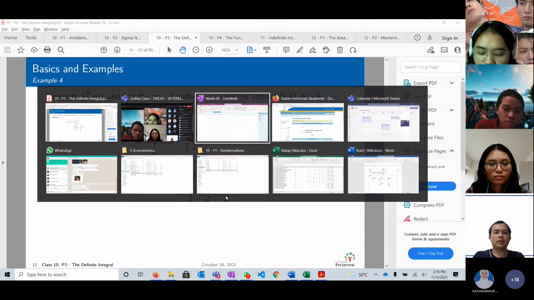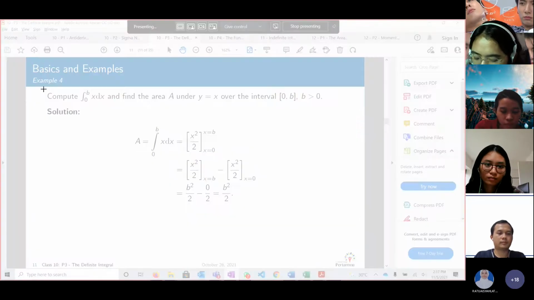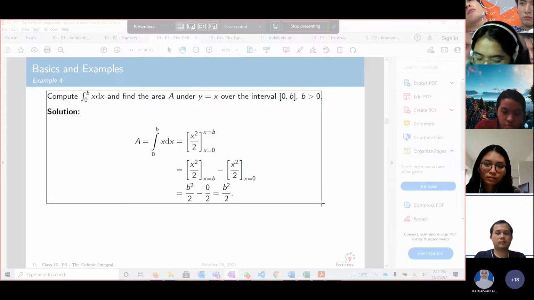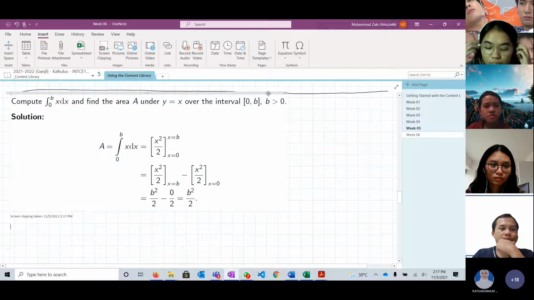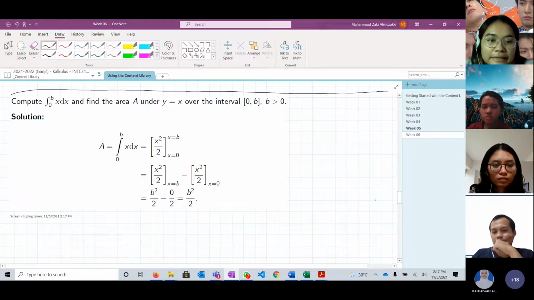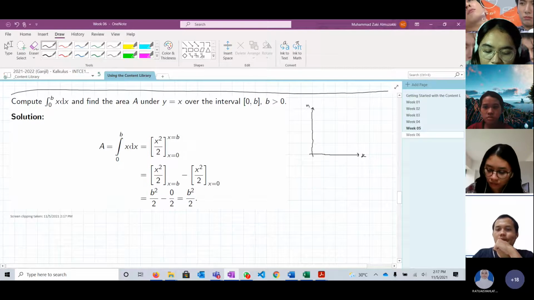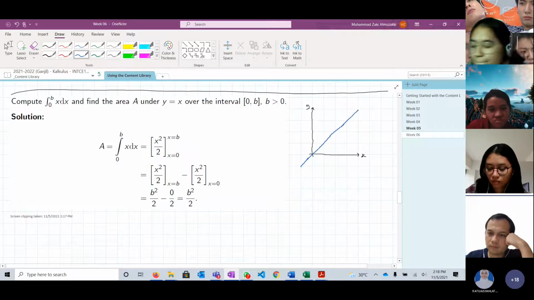For this example, I want to give another illustration. If we draw the equation on x and y axes, the equation y equals x is basically this line.